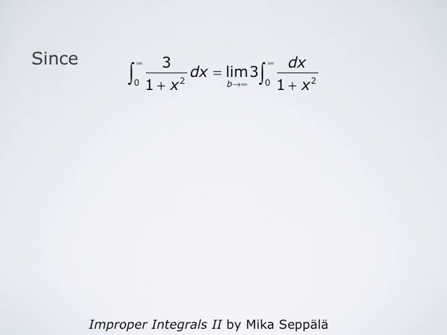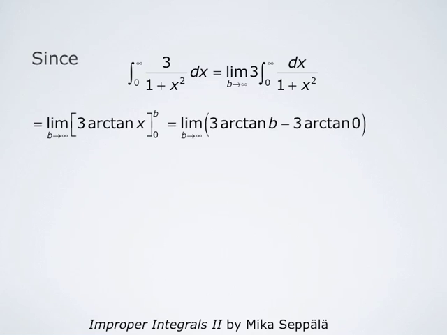We take the limit of that as b goes to infinity. This is 3 times arctangent of x, evaluated from 0 to b, and we take the limit as b goes to infinity. This quantity is 3 times arctangent of b minus 3 times arctangent of 0, and we take the limit as b goes to infinity. And this limit is 3 pi over 2.